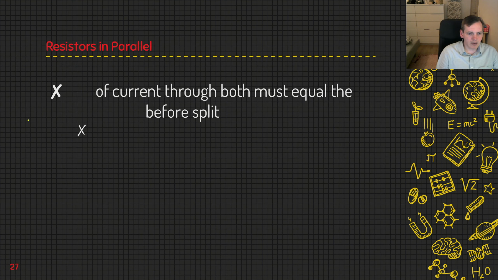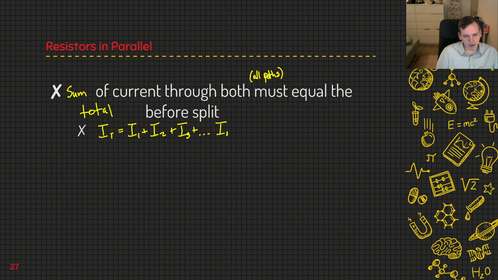Okay, if you have resistors in parallel, the sum of the current through both or all must equal the total before the split. In other words, the total current has to equal the current through the first one, plus the current through the second, plus the current through the third, and however many you have.